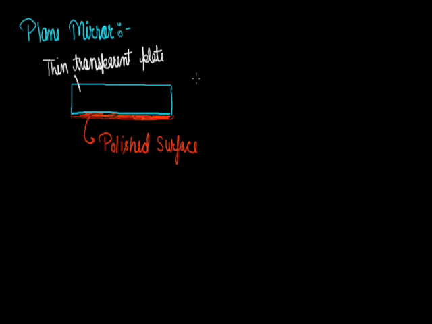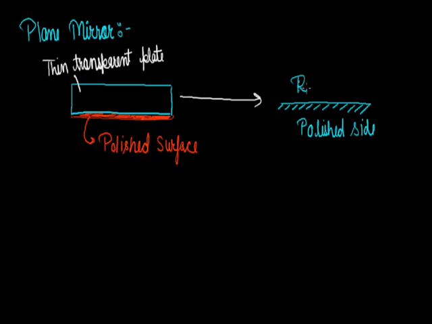This forms a plane mirror, and it is symbolically represented like this. This dotted region represents the polished side, and the upper surface represents the reflecting side.